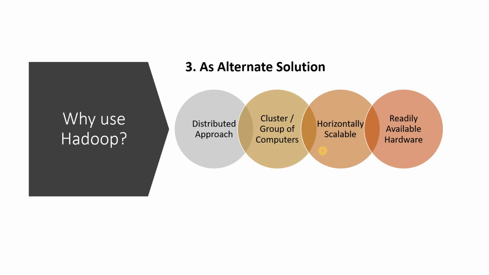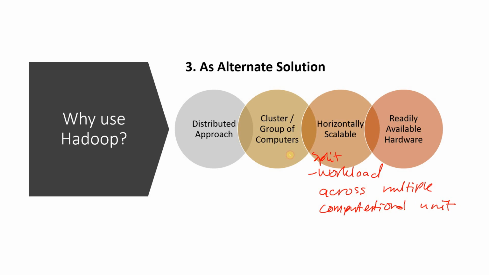Horizontally scalable means that we can split the workload across multiple computational units. So that is why we need a group of computers or servers or clusters of computers, so that each workload can be split across different computers, and then it can be merged again.